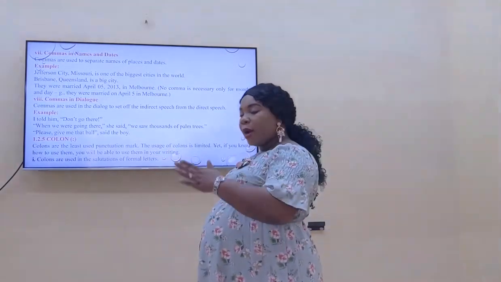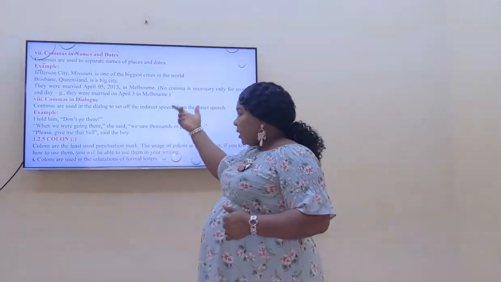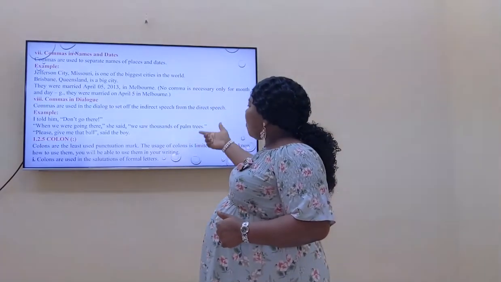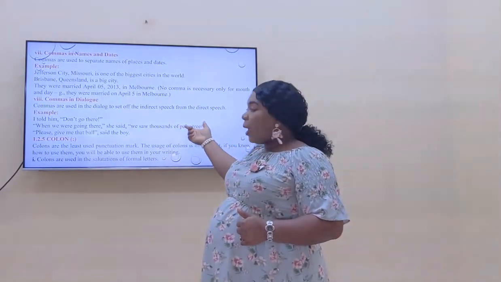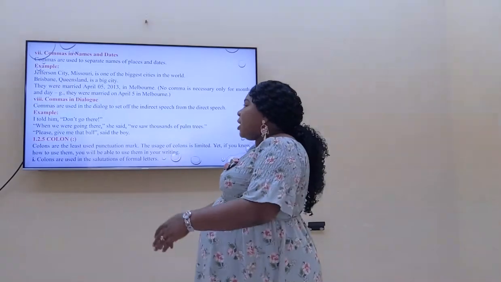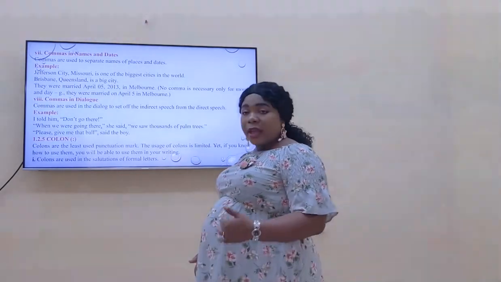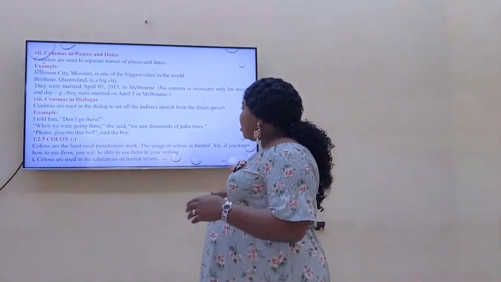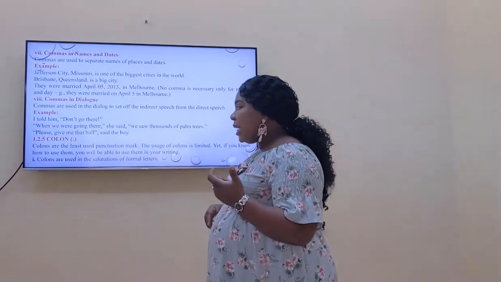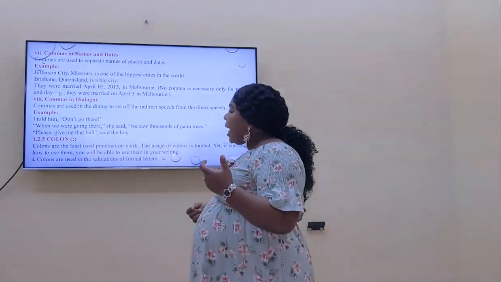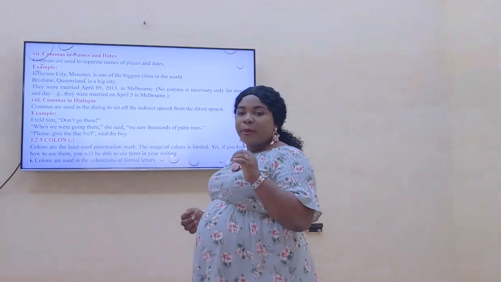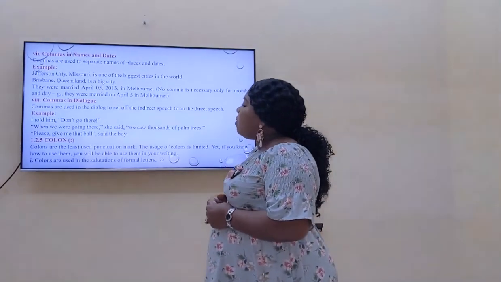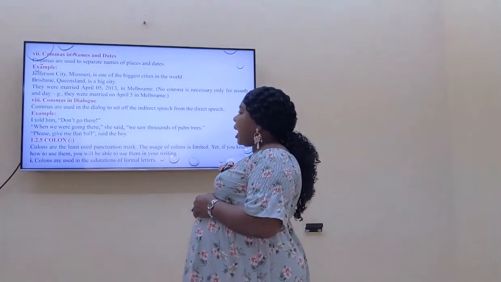There is a comma, there's a break. When we were going there, she said, we saw thousands of palm trees. Please, come out. Give me that ball, said the boy. Okay? So that is it for commas in dialogue.